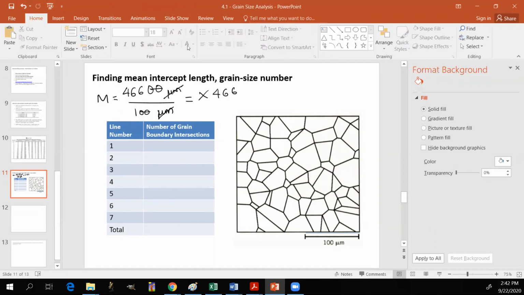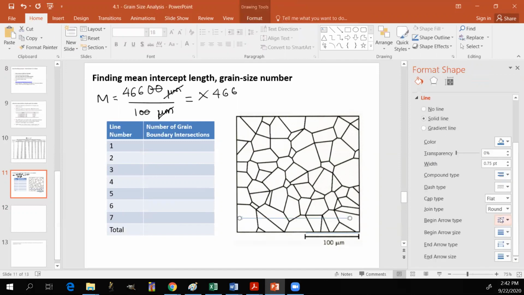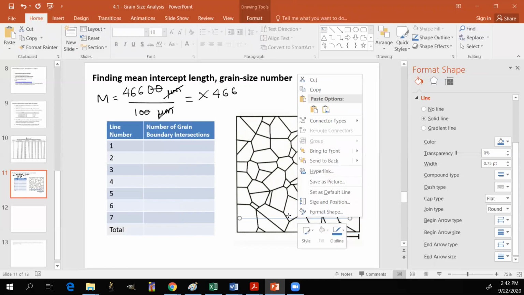Then you go ahead and draw these lines. Just draw one of them, and then we'll use the same one to orient it differently. We're basically going to take this line and give it different orientations where it's completely contained inside the microstructure. Let's make sure that it has a nice length.